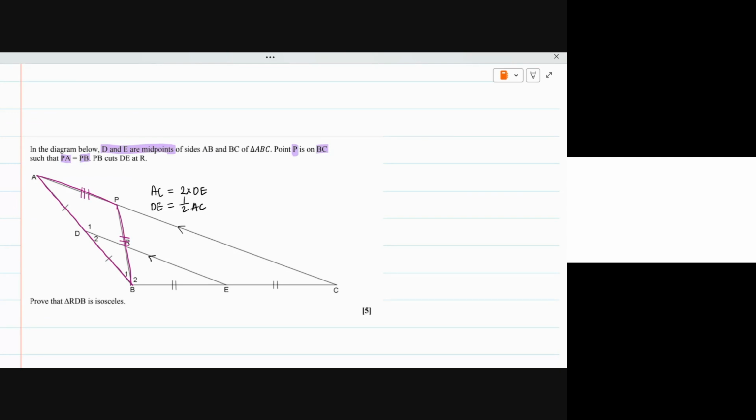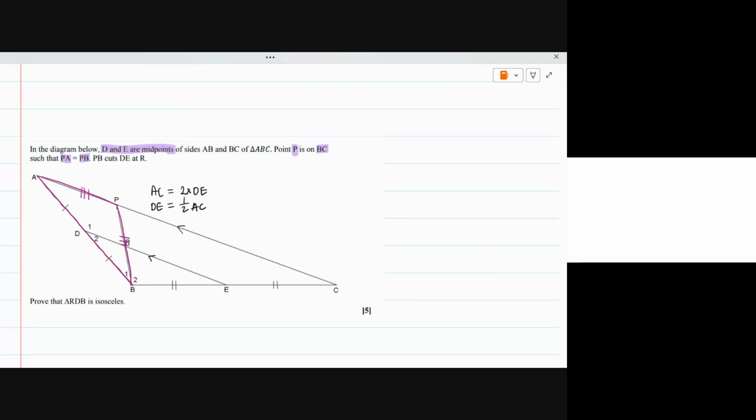What else? The base angles of my isosceles triangle must also be equal to each other. So if that side is equal to that side, this base angle over here must equal that base angle over there. Keep that in mind as we're going along, because they've given us that information, so we're going to have to use it at some point.